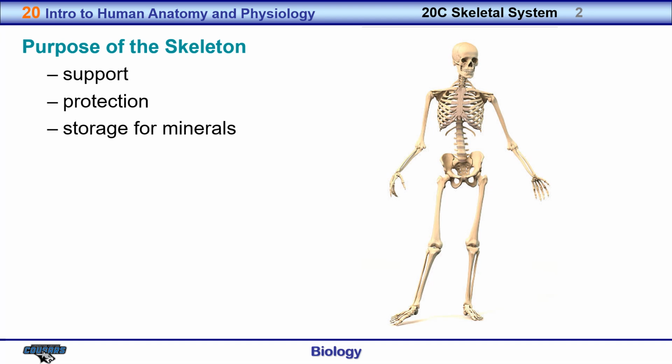So the two minerals that are stored there are going to be calcium, which I think you're probably most familiar with, and also phosphorus. And then also the bone marrow, the interior of the bones, is involved in blood cell production. So blood cells are formed inside the bone marrow of some of our bones.